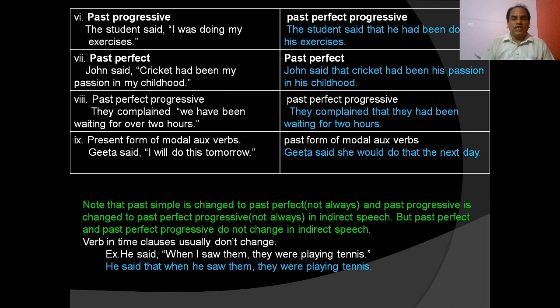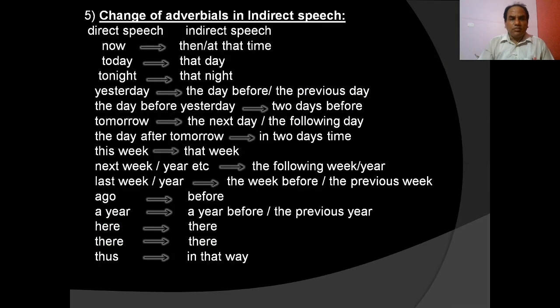It is very important to remember. Example: He said, "When I saw them, they were playing tennis." In indirect speech it is the same: He said that when he saw them, they were playing tennis. No change of tense because a time clause is there.